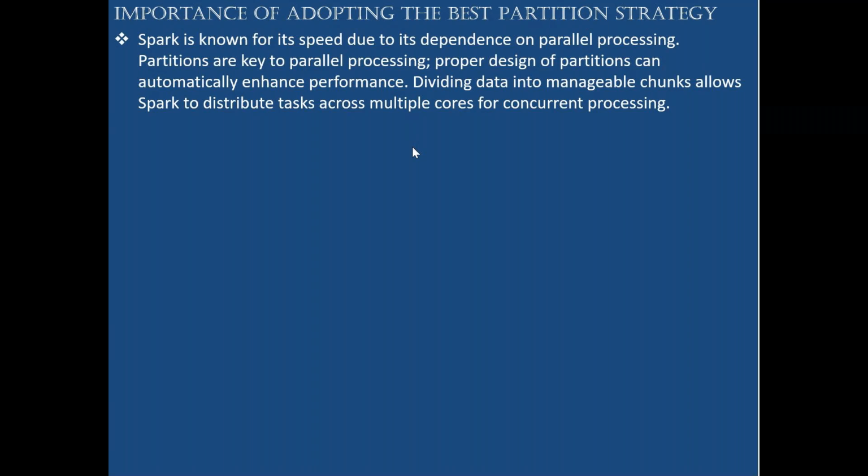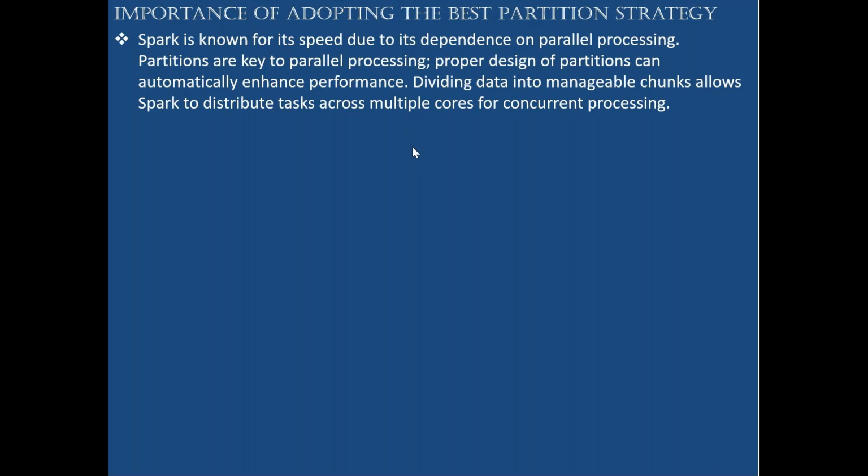Now let's imagine you have two computers, each with four cores. Now how many partitions can I process at a time? Eight cores, so eight partitions can be processed at a time.